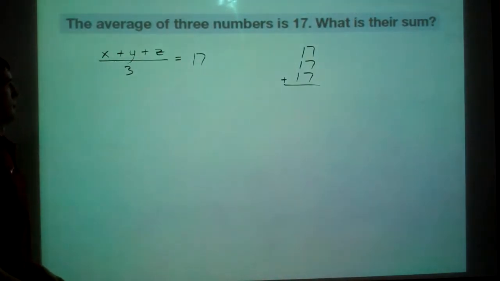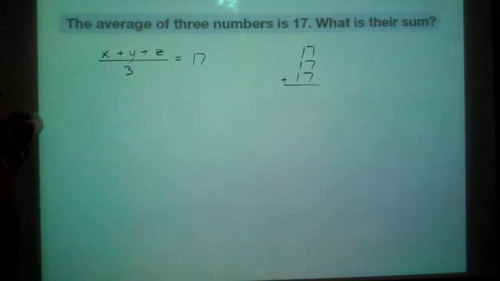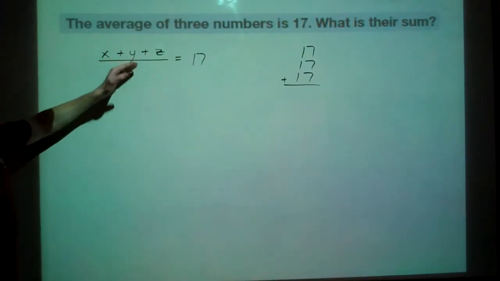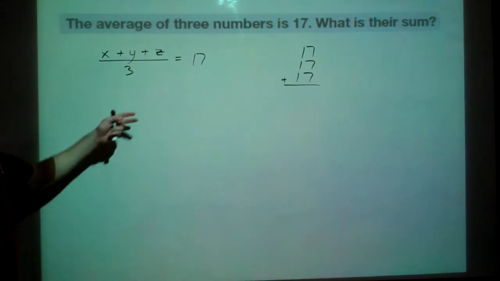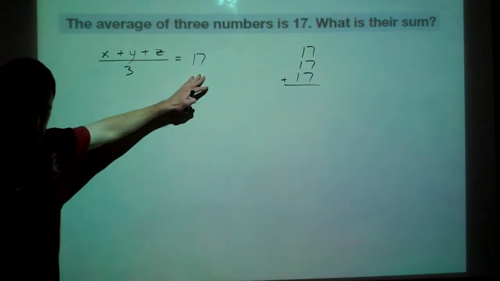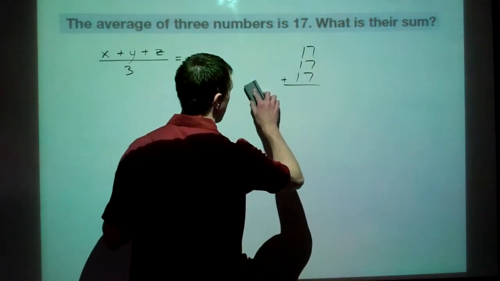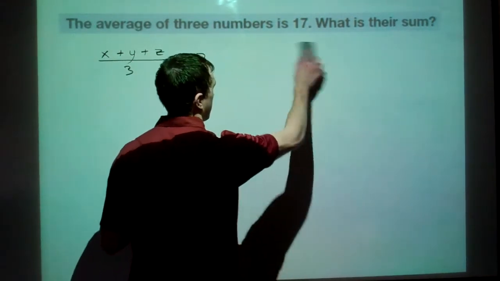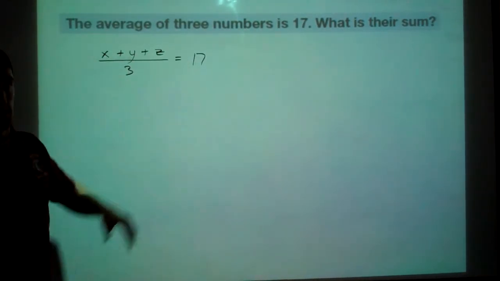Basically what the average means is taking all these 3 numbers and equalizing them. So really what it means is 17 plus 17 plus 17, and that's where we get the 17 from. Sounds kind of weird, I know, but if we add all 3 17s up, we should get a number divisible by 3 that gives us an answer of 17.